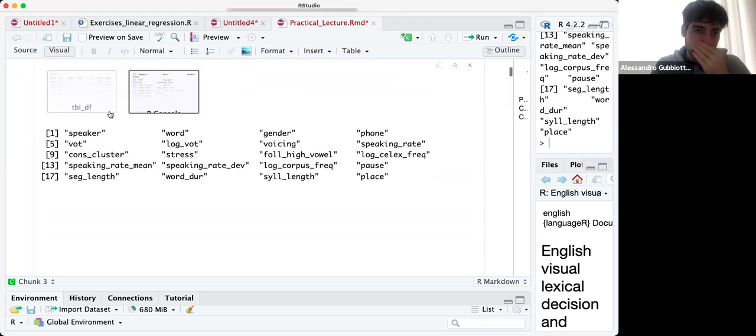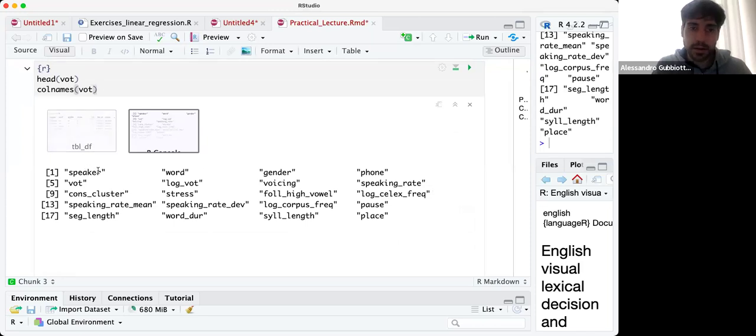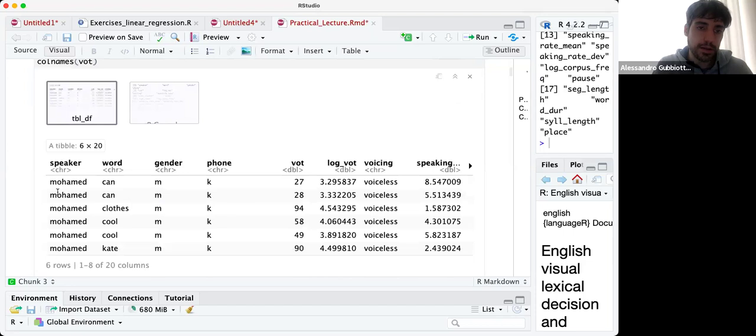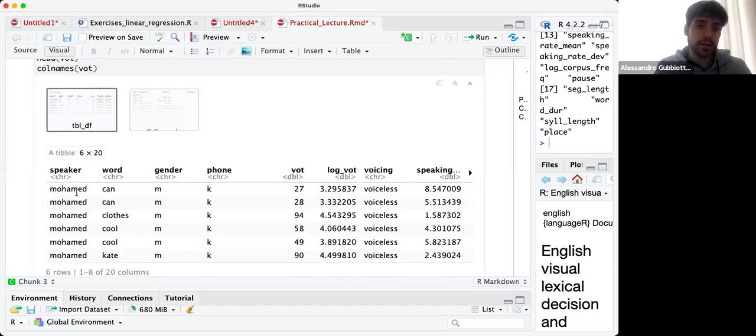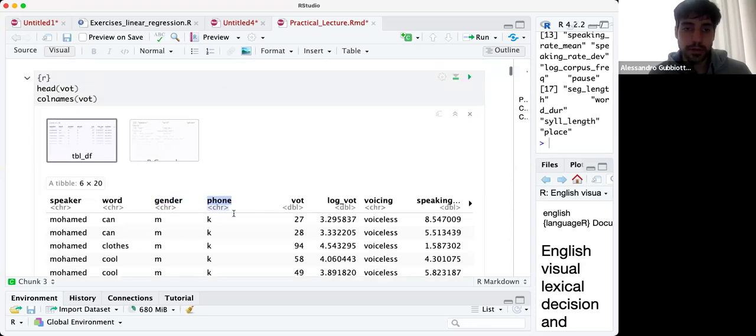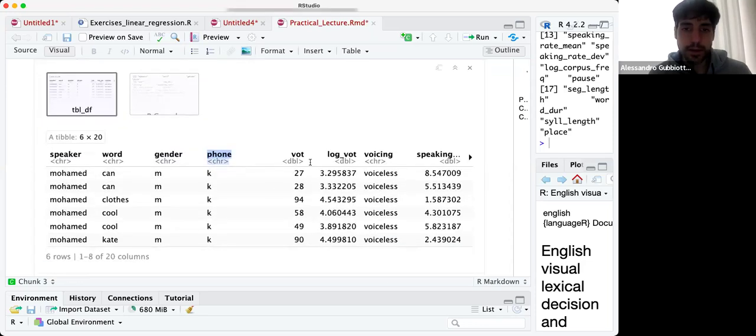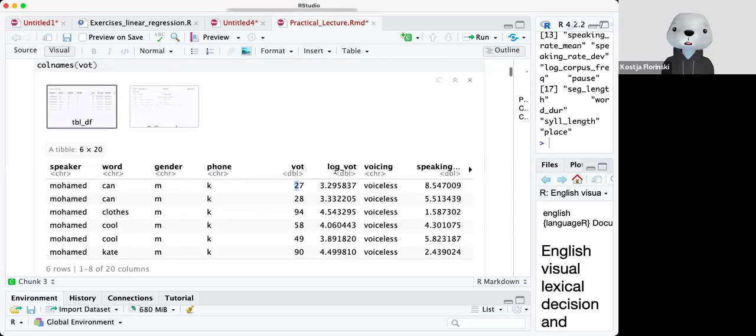The column names are speaker, since there are some speakers that they record uttering a word, then the gender of the speaker, the phonetic letter, and the vocal onset time, so the time in milliseconds, yes, it's always milliseconds.